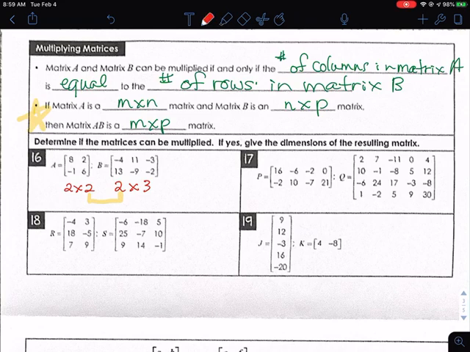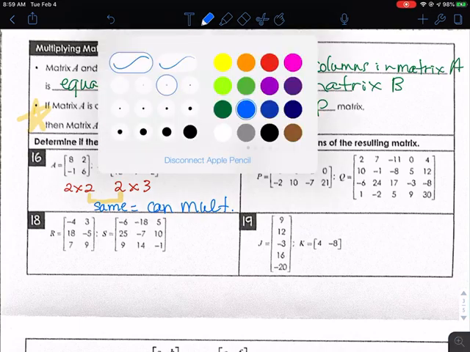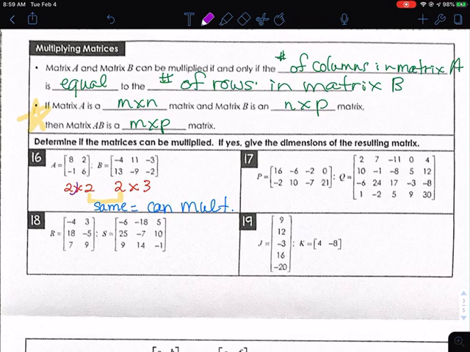Let me write the word same here for you. Can multiply. Now if you look at the outside ones, your answer is going to be a 2 by 3.